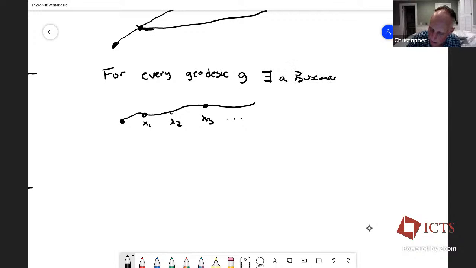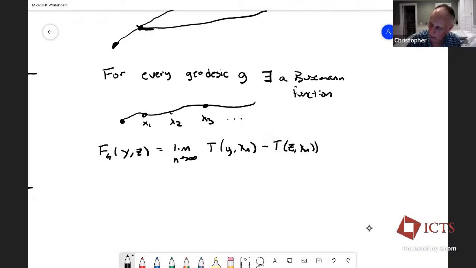So there exists a Busemann function, which I'll call f_g of y, z, which is the limit as n goes to infinity of the passage time from y to x_n minus the passage time from z to x_n. And this exists fairly easily.